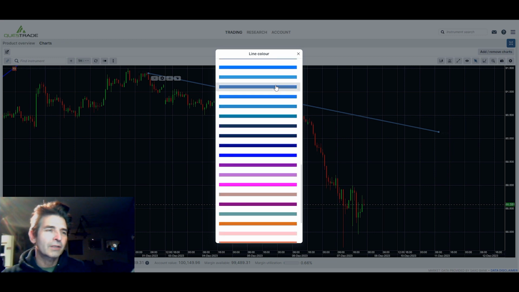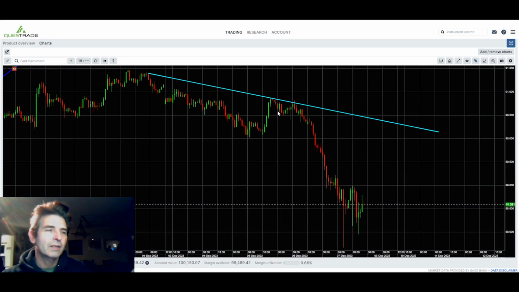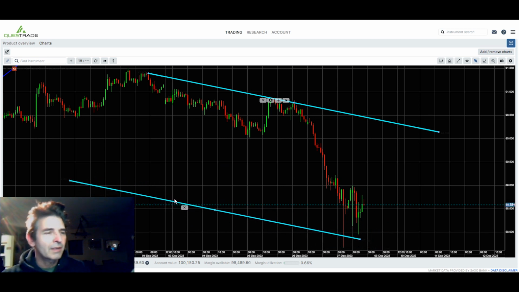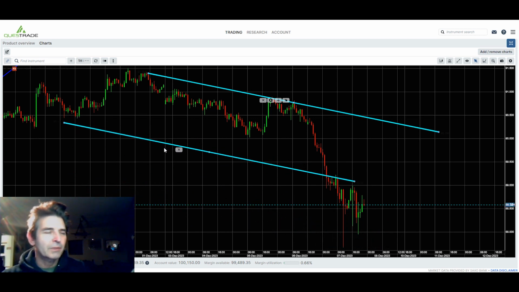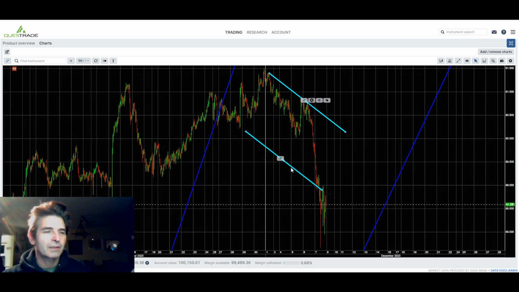And let's find that turquoise there for wave 3. Okay. And is that the bottom? We don't know. It's hard.